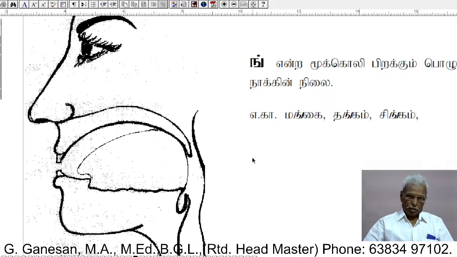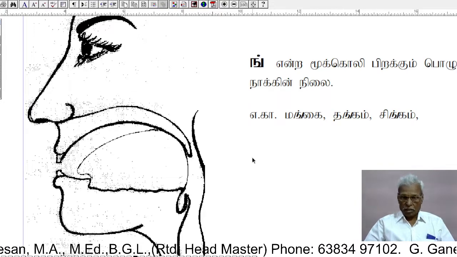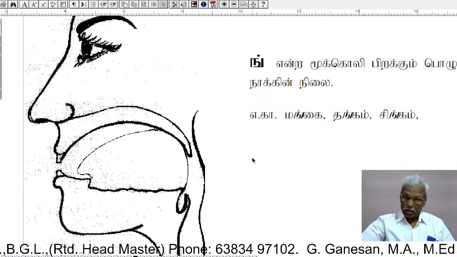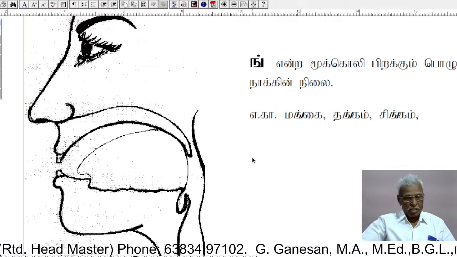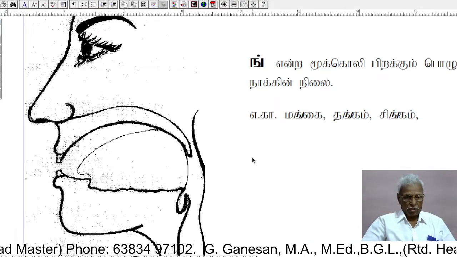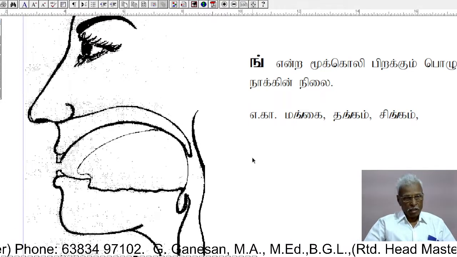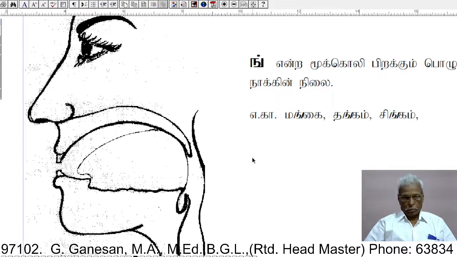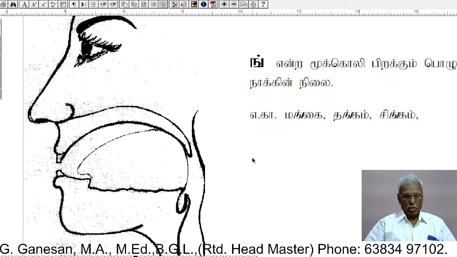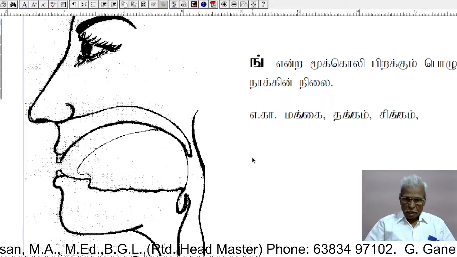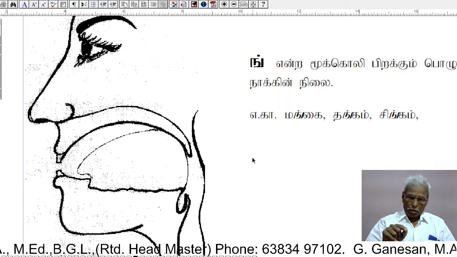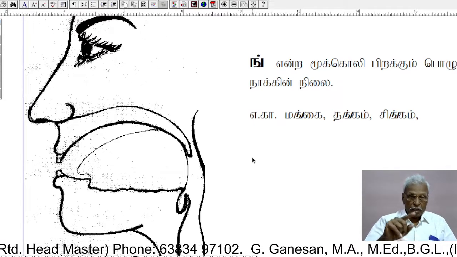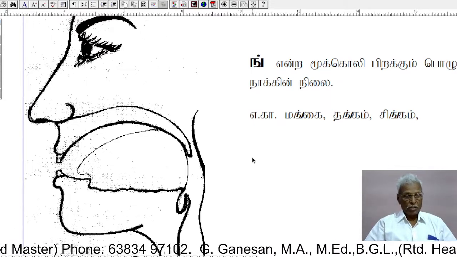That is, the phoneme 'ing' is produced by raising the back of the tongue towards the soft palate and making a tight contact with the palate and sending out the blocked air through the nasal passage, that is through the nose.